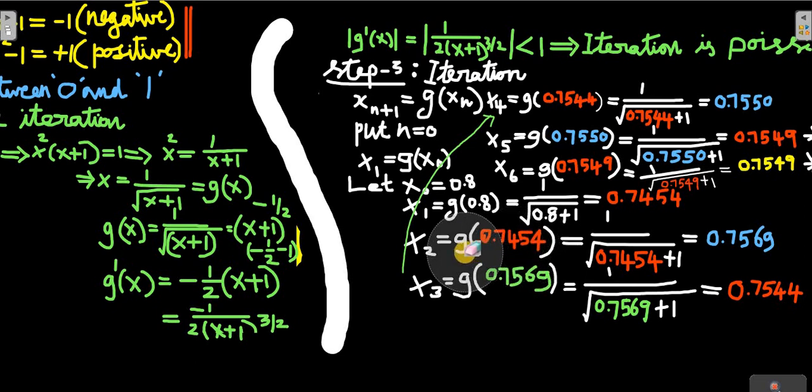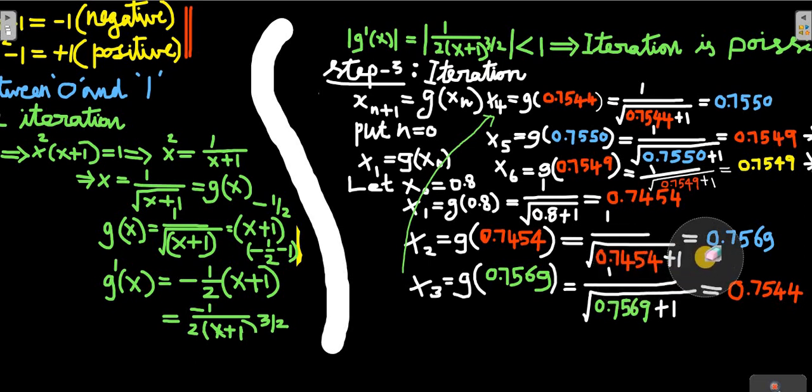But how is g defined? g of x equals 1 by square root of x plus 1. Applying that value, we get 1 divided by square root of 0.7454 plus 1.